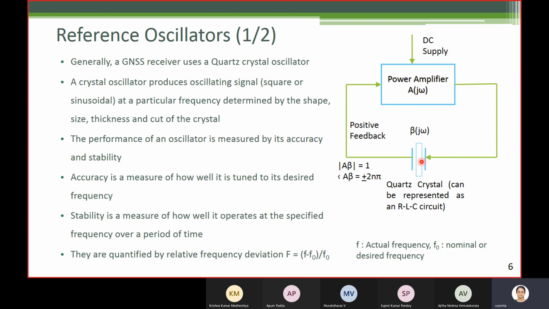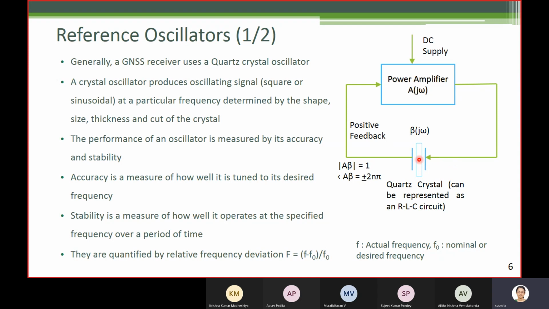Okay. Now the crystal has a selective frequency property, meaning it can produce the output voltage over a narrow band of frequencies centered around a particular frequency.